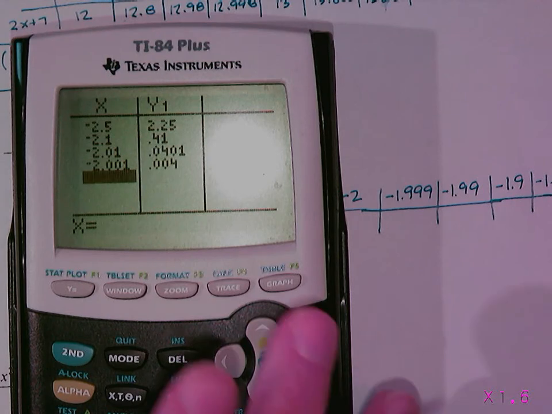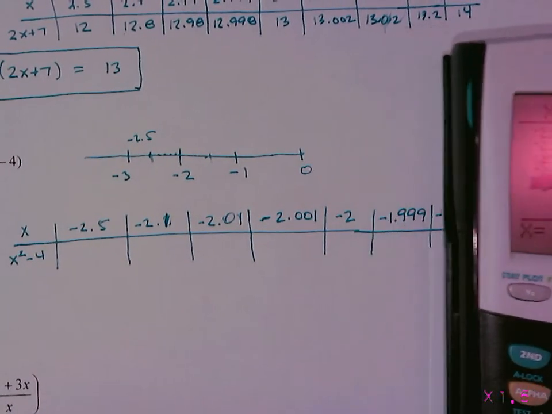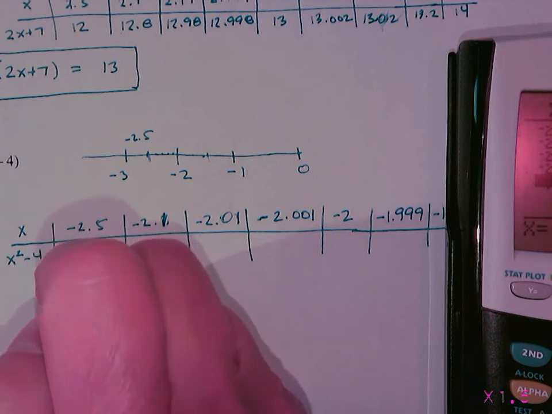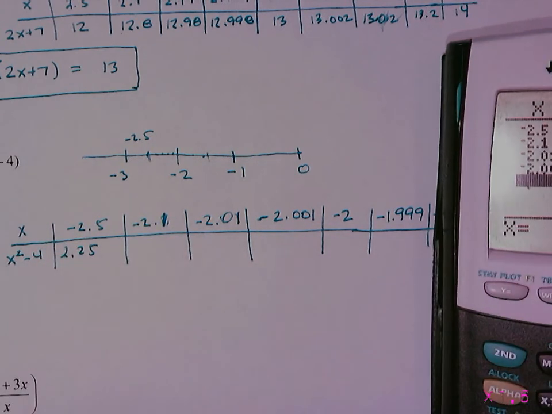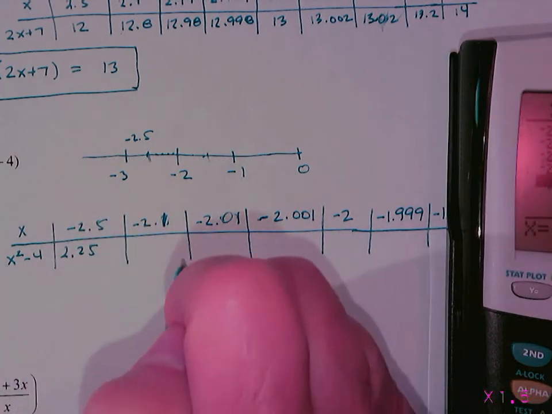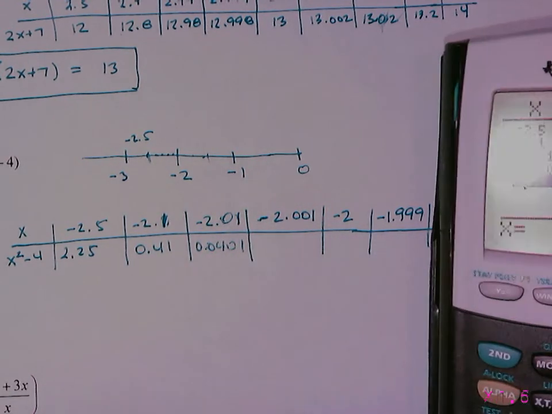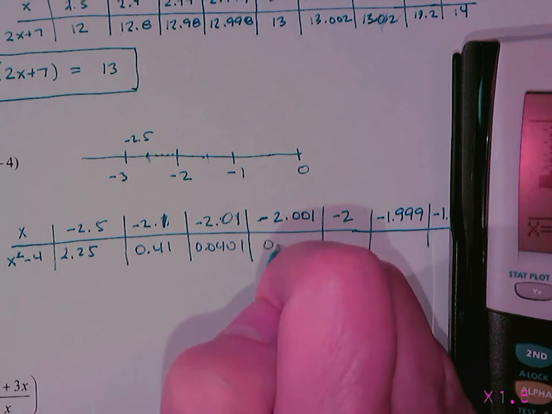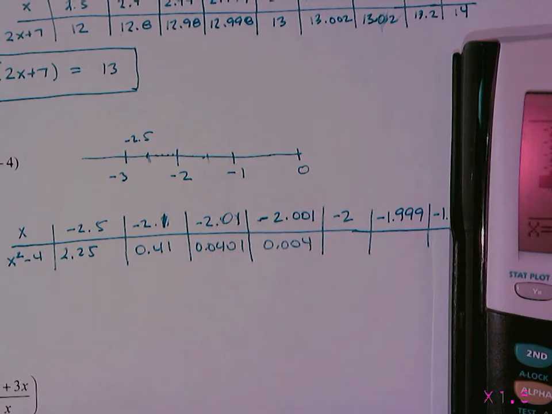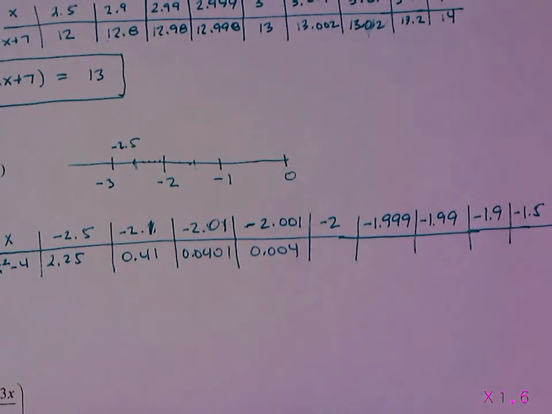I'm going to write those numbers down. So 2.25, 0.41, 0.0401, and 0.04. If I plug in a negative 2, I get 0.